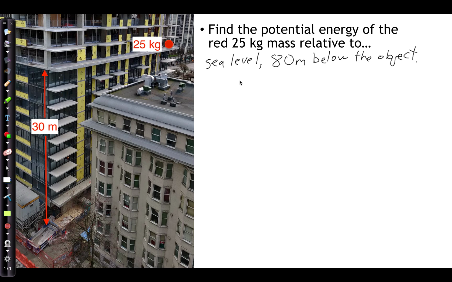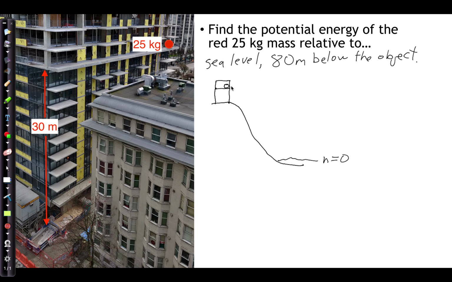All right, welcome back. So let's draw a diagram here. Doesn't have to be a good diagram. So here is the building and the mass right there, and there's the ground, and then we're on a hill, which we are, and there is sea level, and sea level will be h equals 0.